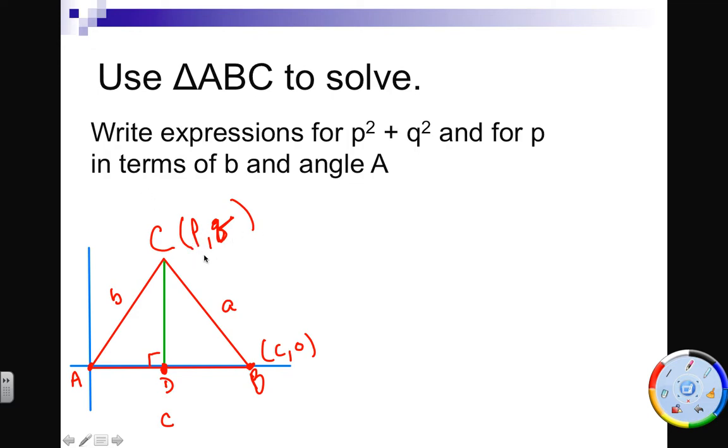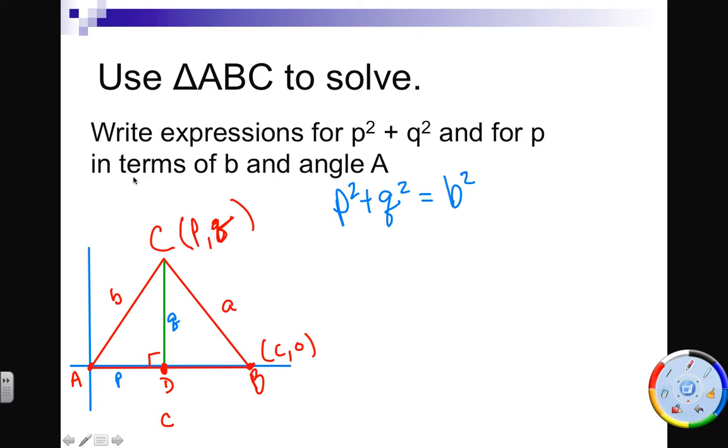Since this is the coordinate P, Q, this is to the right P units and up Q. And for the first thing here, P squared plus Q squared, that kind of makes me think Pythagorean theorem. So P squared plus Q squared is going to be B squared.